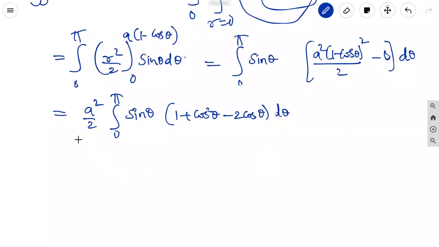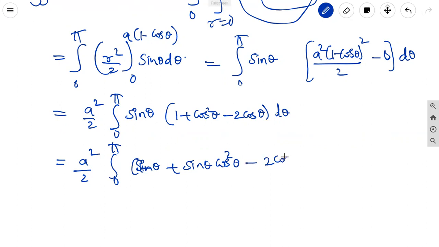Here it is equal to a square by 2, integral 0 to pi, 1 plus 1 into sin theta is sin theta. Sin theta plus sin theta cos square theta minus 2 cos theta sin theta, d theta.